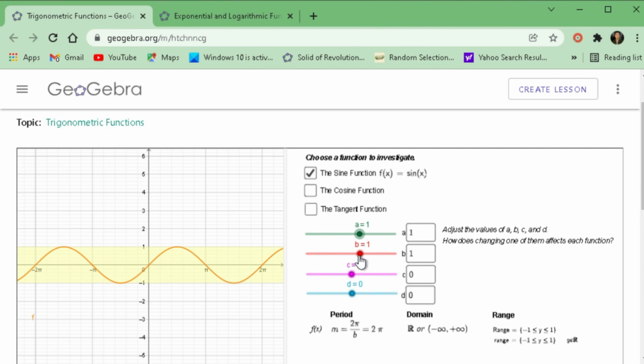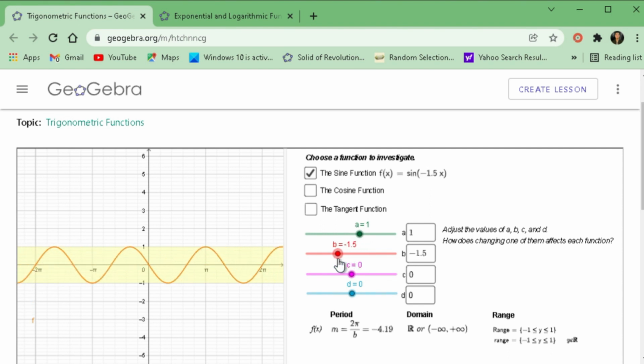How about B? What is the effect of B? If we increase B, it will compress the graph. But the graph still crosses the origin, so it still looks the same. If we make it lower, say 0.2, we can no longer see the whole cycle because it's too expanded. So if we make it higher, it compresses the graph. If we make it lower than 1 but greater than 0, it expands horizontally.